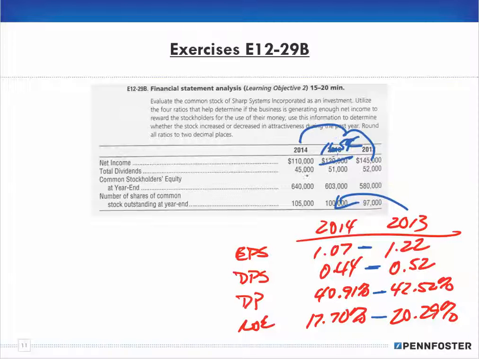And my suggestion is go ahead and play with that number. Give it an increase and see what happens, and see what you can determine as to whether that's a good thing or bad thing for the company, if they've generated enough net income in order to be able to reward the stockholders, right? So that's kind of the idea behind the analysis.